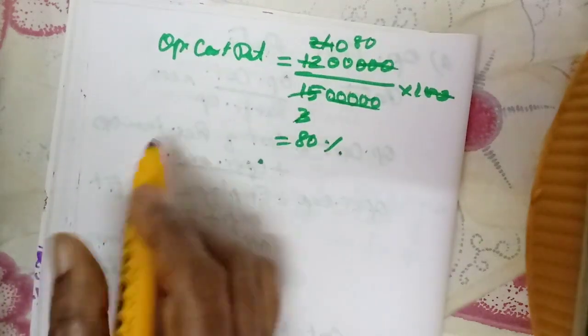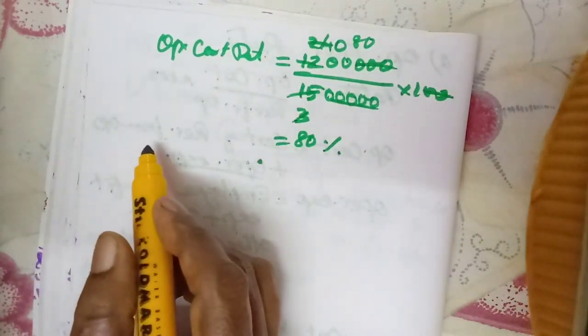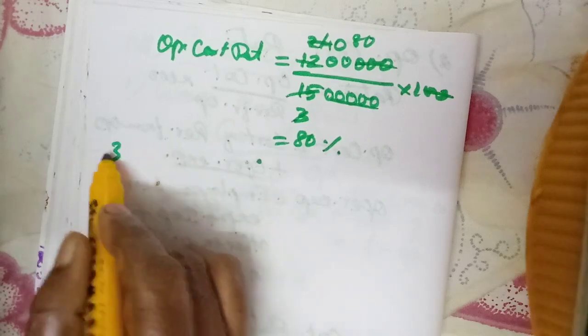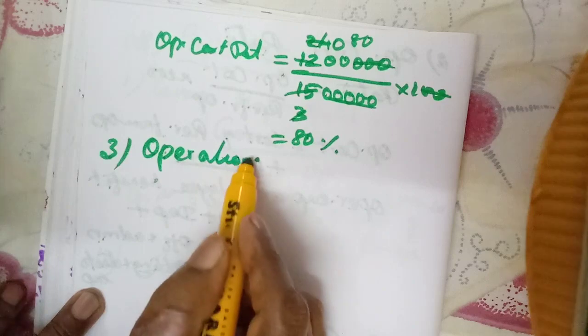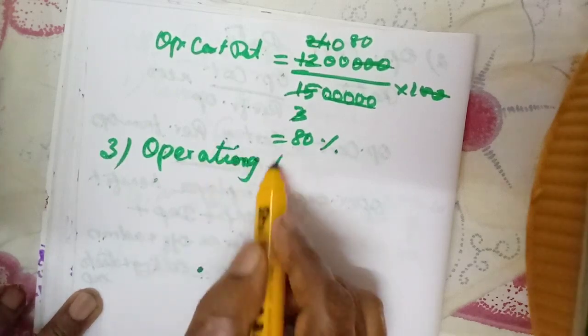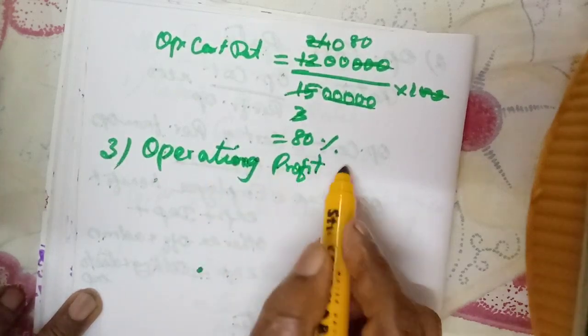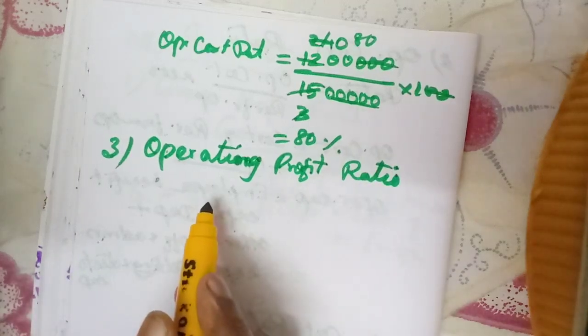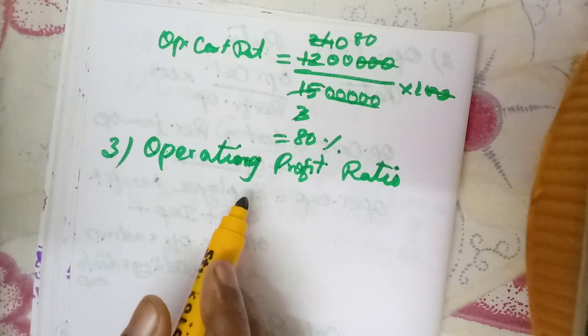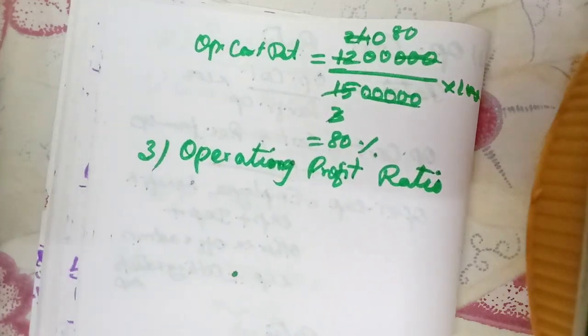Okay, next we will learn the operating profit ratio. Third one, operating profit ratio. Operating cost ratio we have calculated. Now we need to calculate the operating profit ratio. What is the formula for operating profit ratio?